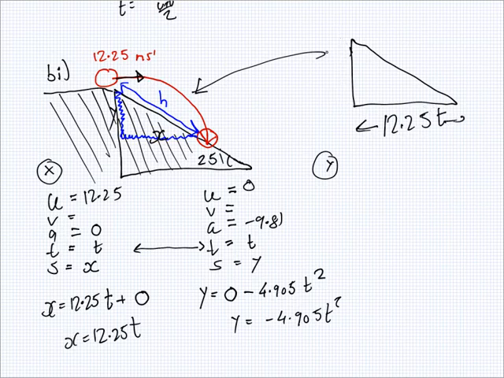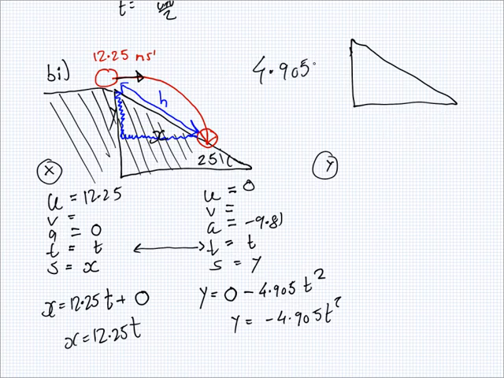Minus 4.905 t squared. Why did I drop the minus? Because it's downwards. No, it's because I want the length of the side of the triangle, how long it is. I don't care about the sign. Positive only.